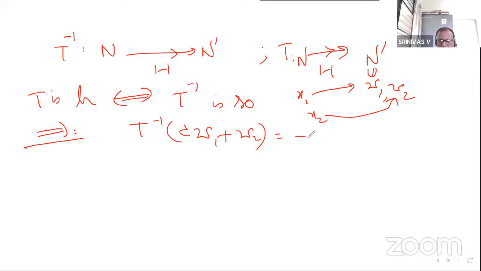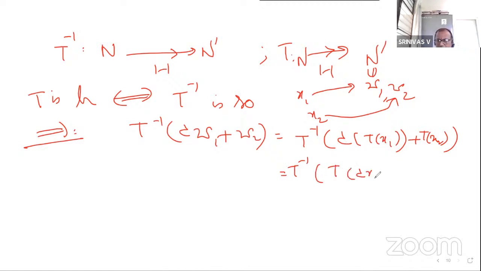So T inverse of c times w1 plus w2 can be written as T inverse of c times T of x1 plus T of x2. Now you can bring c inside because T is linear. This is T of c times x1, and again because T is linear, T of c x1 plus T of x2 is T of c x1 plus x2. That's how x2 comes inside.